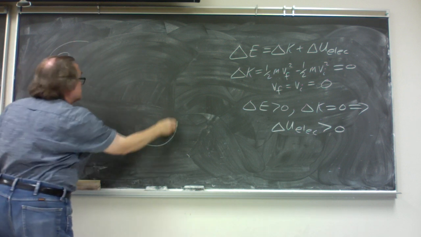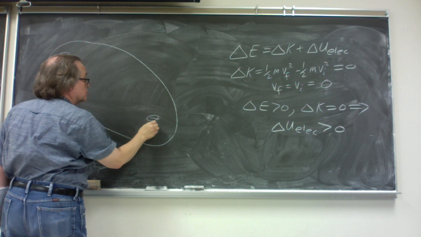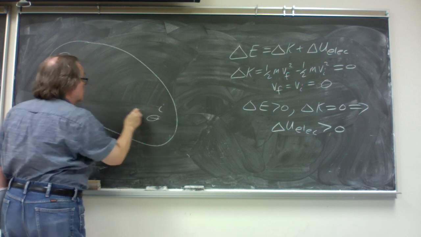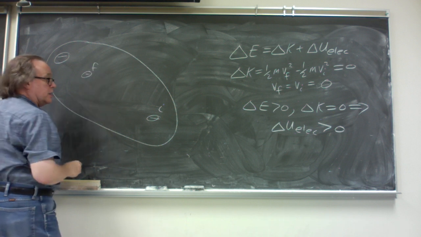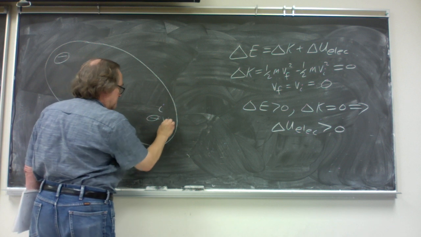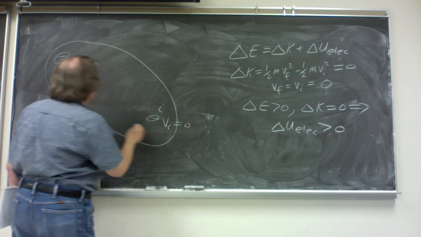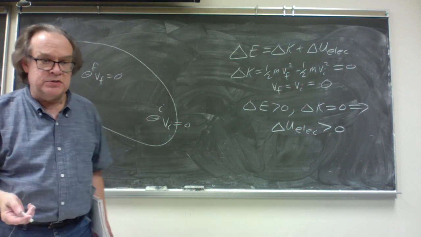It's pretty much staying still, and the only other thing in the system is this, which moves from an initial location here to a final location here, and initially started out with a speed of 0, and at the end ends up with a speed of 0.